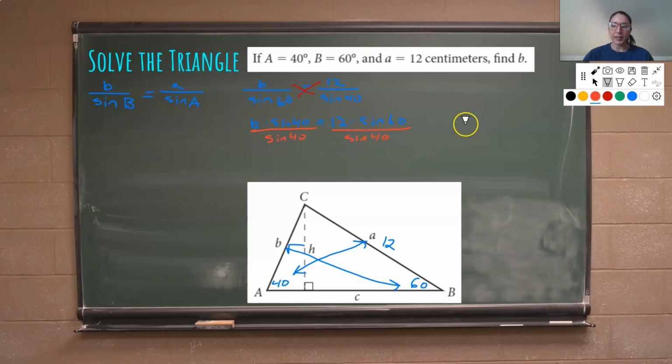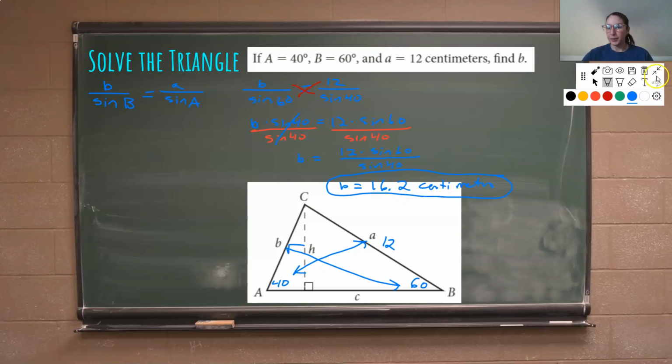Sine of 40 and sine of 60 are just numbers. They cancel, so little b is equal to 12 times sine of 60 all over sine of 40. And we end up with little b equal to 16.2, rounded to the nearest tenth, and it is centimeters. So little b is 16.2 centimeters, and we found that using law of sines.